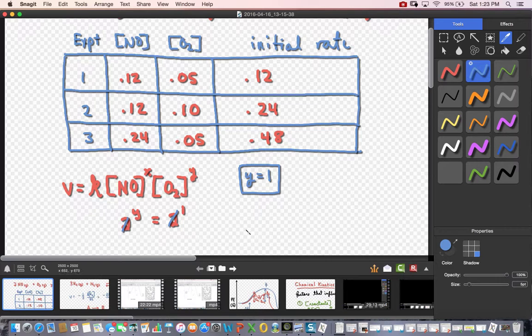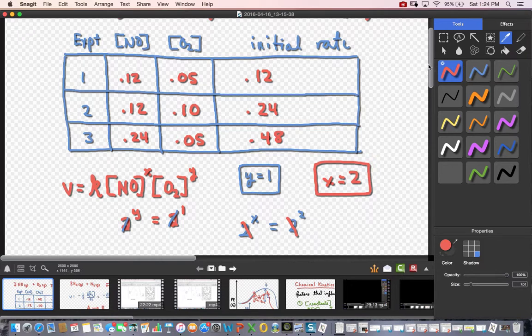NO doubles, which will be 2 to the x. 0.05 divided by 0.05 is 1. 1 to the y, which we now know is 1, is going to be 1, so it effectively drops out. 2 to the x equals, notice this goes up by a factor of 4, which is 2 to the 2. The bases neatly cancel. And now I'm left with a value of x equals 2.